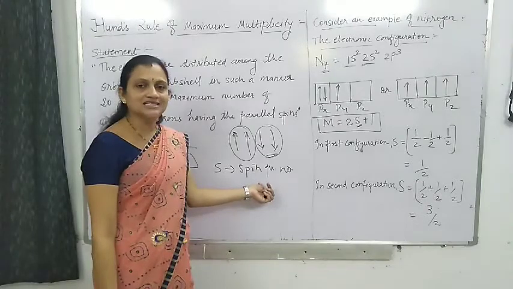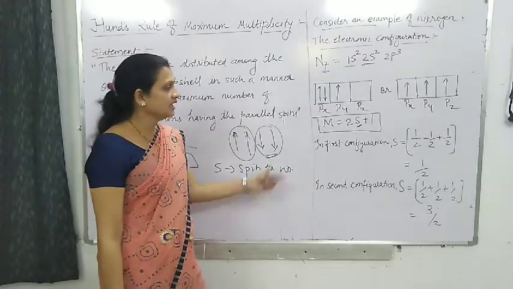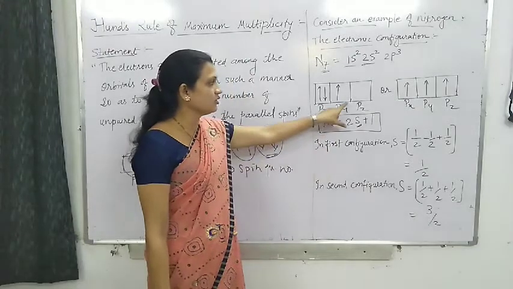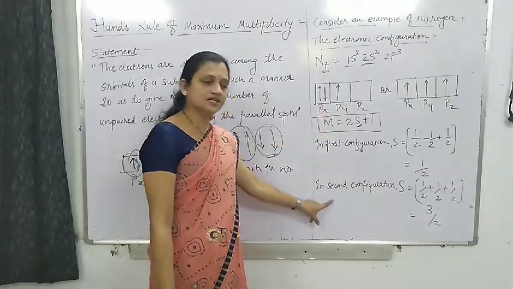Now as per this spin quantum number, here 2 configurations are there. First configuration of this one, second configuration of this.